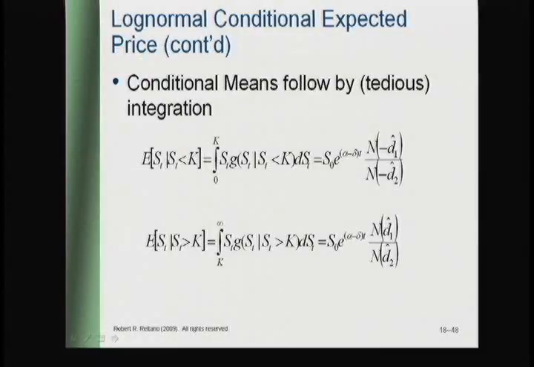So we can now calculate conditional means. What's the expected value of S given that S is less than K? So if I look at all the distribution of S prices below K, what's the expected value? What's the average value? And so what I have to do is integrate ST.